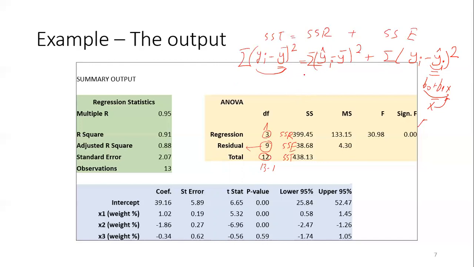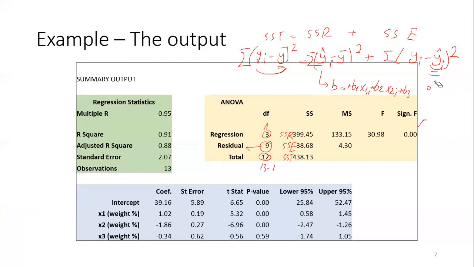So what is the difference? Here we have a multiple regression. Here I have y hat i equal to b0 plus b1x1i plus b2x2i plus b3x3i.